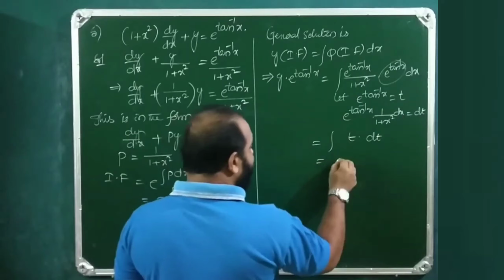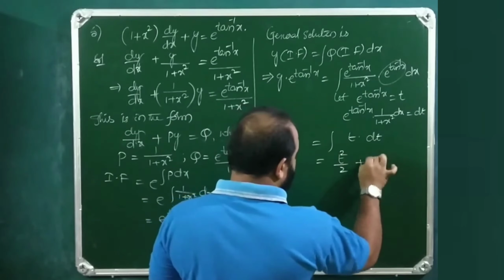Now, the integral of t dt is t²/2 plus the constant of integration c.